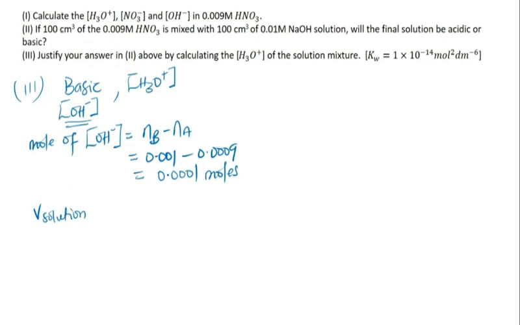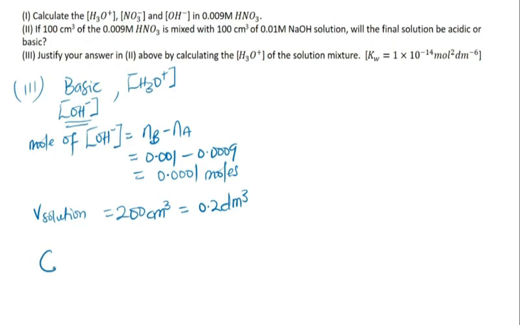Now the volume of the solution, because we added 100 ml to another 100 ml, the resulting solution will be a total of 200 ml or cm³, which is equivalent to 0.2 dm³. So this is the total volume of the resulting solution.